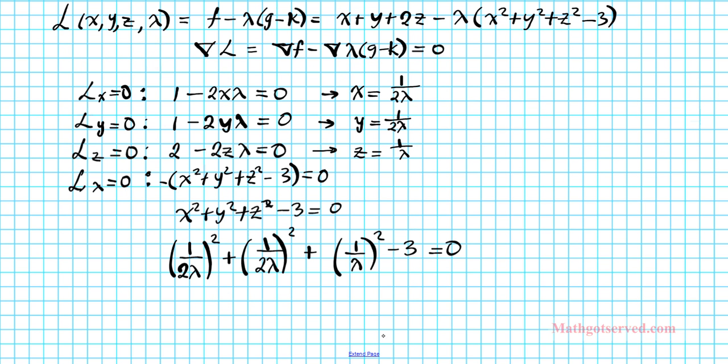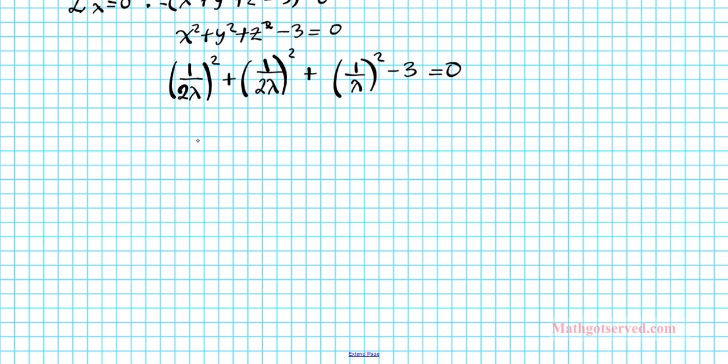We're going to have 1 over 4 lambda squared plus 1 over 4 lambda squared plus 1 over lambda squared minus, well, we can set this equal to 3, add 3 to both sides, so we can get lambda isolated, equals 3.